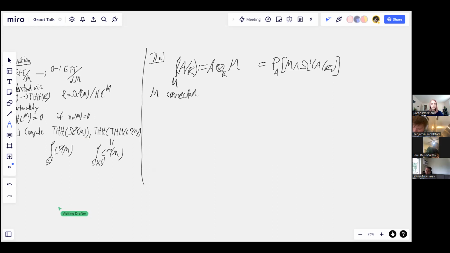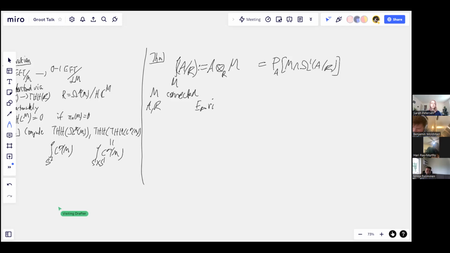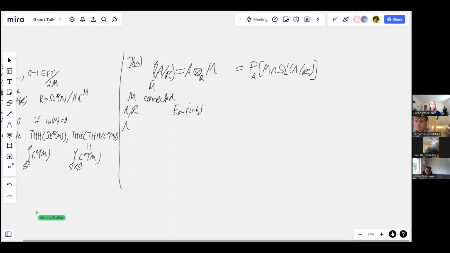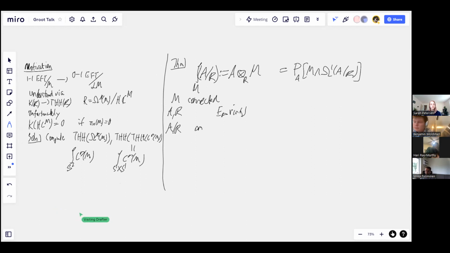And I'm going to tell you what this tensor product is in a second. A and R are E infinity rings, and A is smooth over R. So A is an R algebra and smooth.